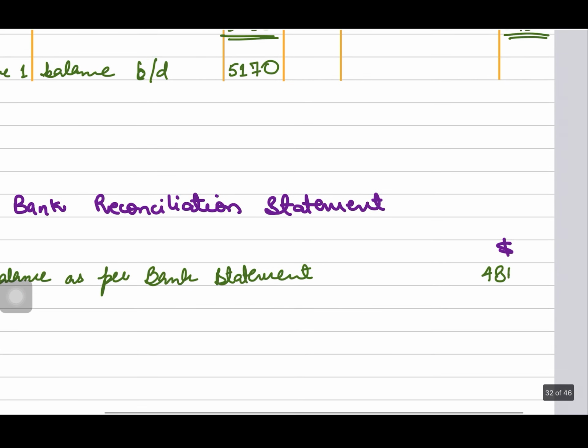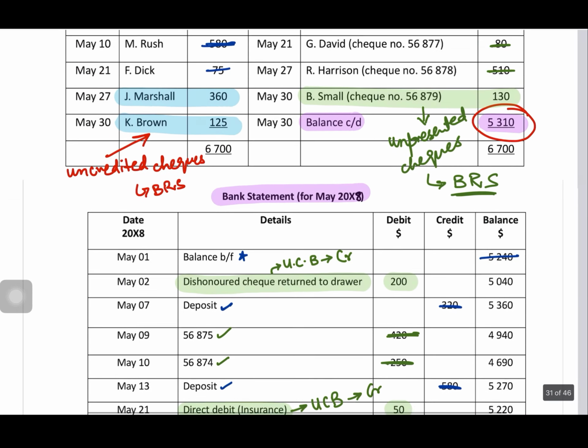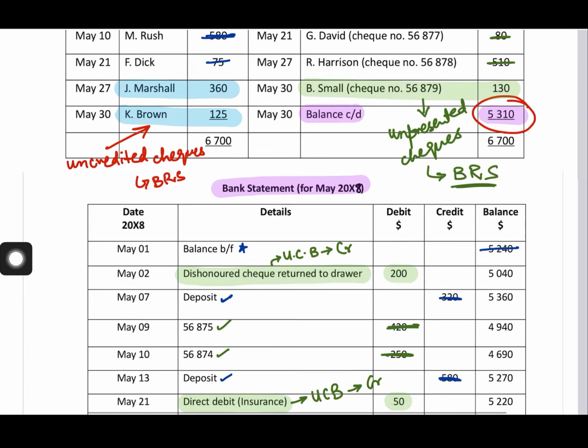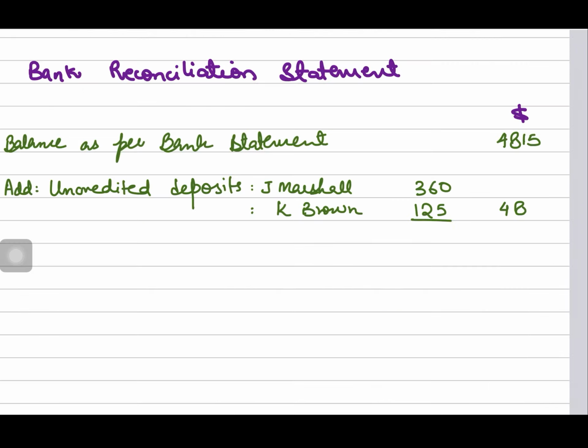4815. Now we have to add uncredited deposits that were debited in the cash book but they weren't shown on the credit side of my bank statement, and there are two such deposits, 360 and 125, J Marshall and K Brown. These two will be added.